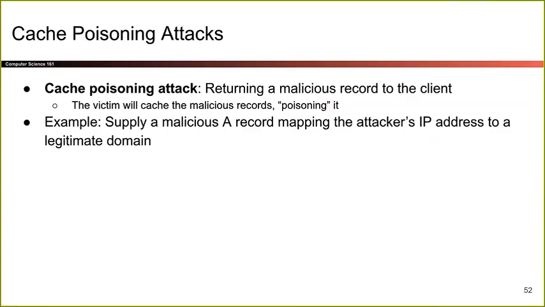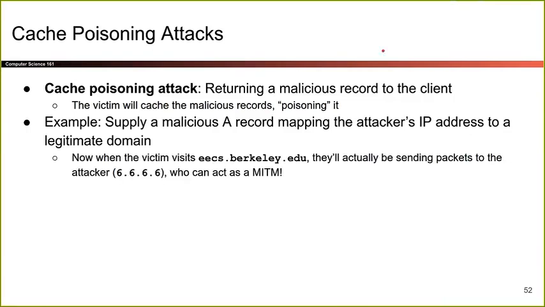As an example, maybe I want to supply a malicious answer record saying google.com has the IP address 6.6.6.6, which is the classic attacker's IP address. Now, if the victim visits this domain, they're going to look in the cache to figure out the IP address of the domain. Oh, it's 6.6.6.6.